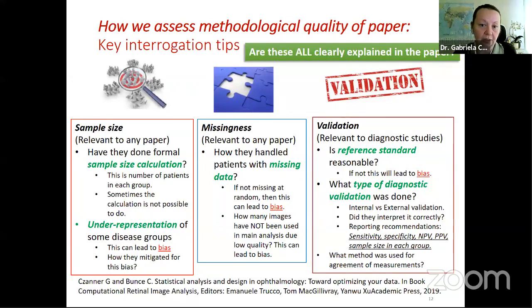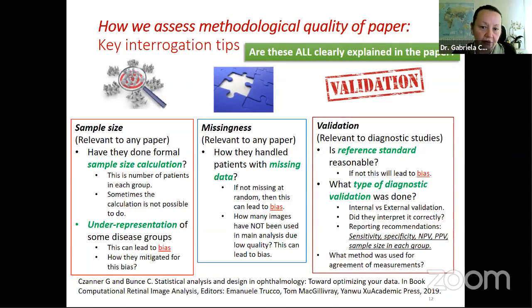Was it one doctor who interrogated the color fundus photograph, or did they also use optical coherence tomography, or visual fields? Was it two doctors? And was there also a third doctor who would come on board if the two doctors don't agree? This is very important to check, because I think this is actually the most important component of all three.